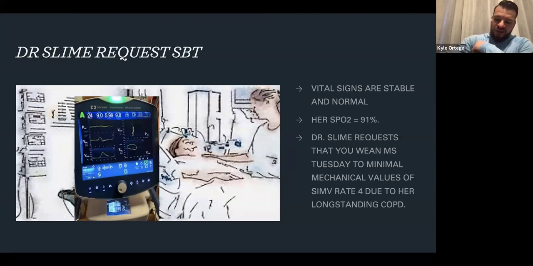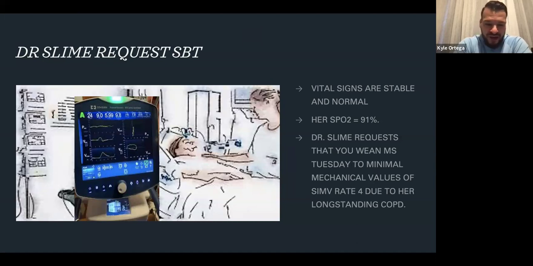All right, and then normal weaning parameters I'd expect. Like I said, minute ventilation, 5 to 10, based on her kilograms. Respiratory rate below 30 to 35. Hopefully she's pulling good tidal volumes, at least 5 milliliters per kilogram.